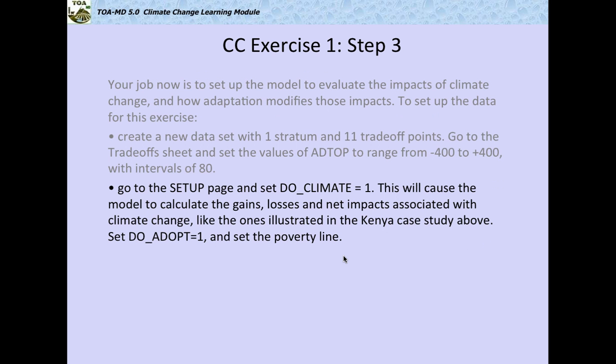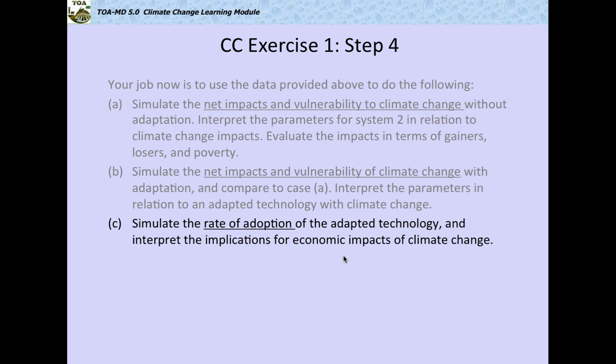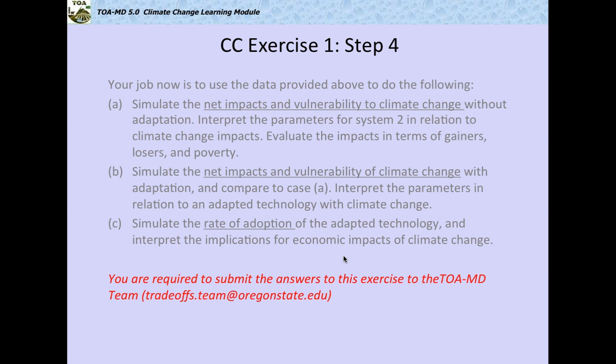And then we ask you to set up the model and then do these three analyses. The first one is to simulate the impact and vulnerability of climate change without adaptation. The second one is to add in the effects of adaptation to the system.